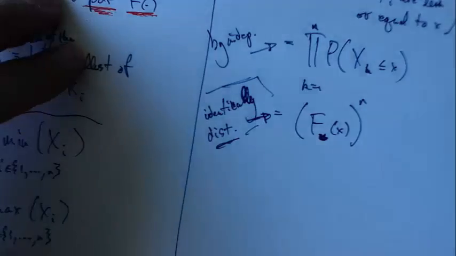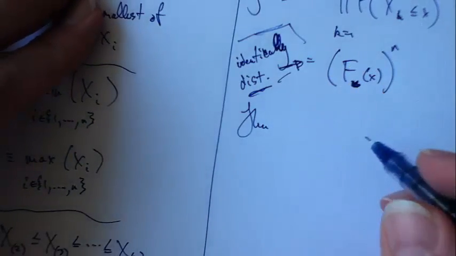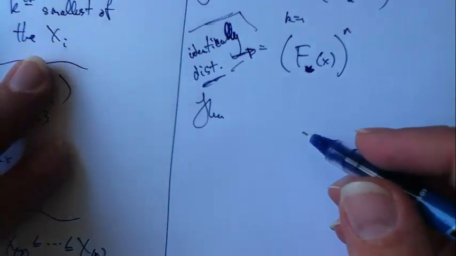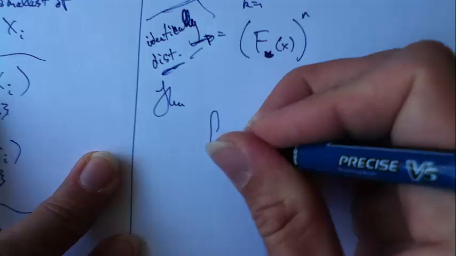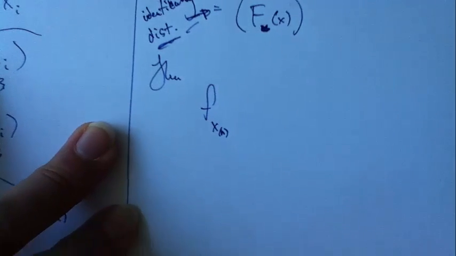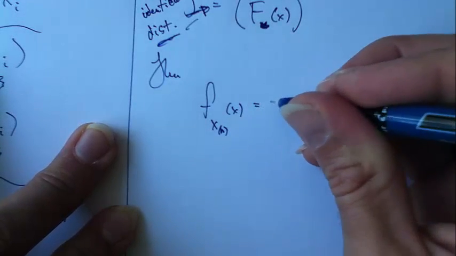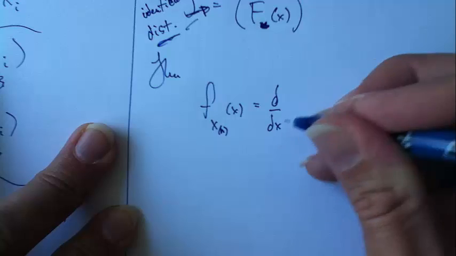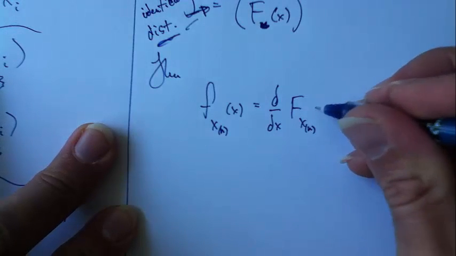Okay. Then we can also get the probability density function for the maximum, right? We know that this is just the derivative with respect to x of the CDF of the maximum.